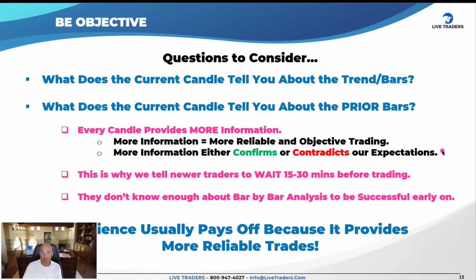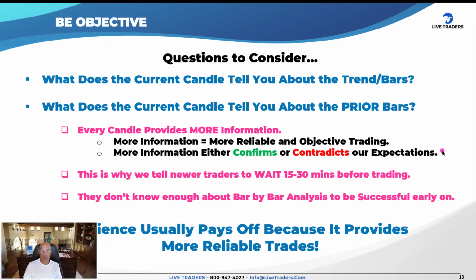So once we break 254 on the last slide, the expectation is buyers are going to come in a big way because we have eliminated sellers. And when you eliminate sellers, there's no one left to sell into you going up, so you should see a wide range bar. So that confirms expectation. But in the last slide, it contradicts expectation because we see topping tail, topping tail, topping tail, and little to no price movement and little to no volume. That's a contradiction of expectation.